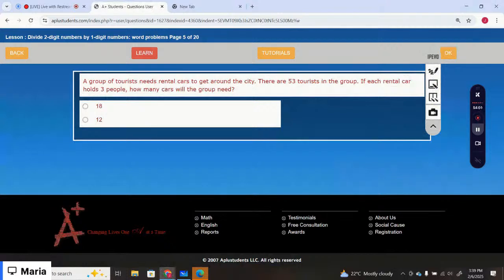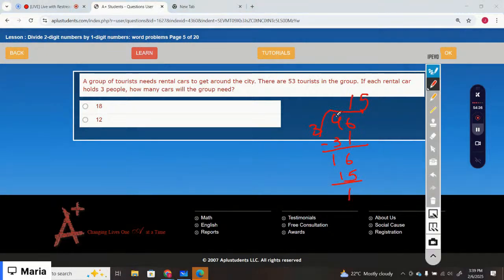A group of tourists needs rental cars to get around the city. There are 53 tourists in each group. If each rental car can hold 3 people, how many cars will the group need? So which is the correct option? You have to divide 53 by 3.